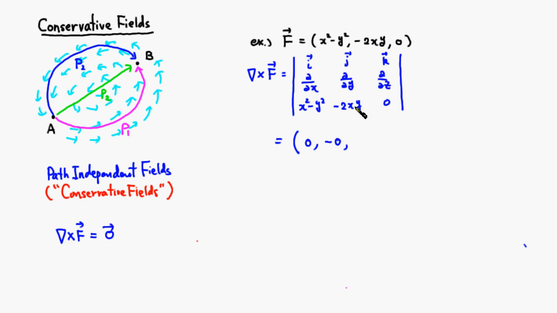The last one is partial of negative 2xy with respect to x, which is negative 2y, minus partial of x squared minus y squared with respect to y, which is negative 2x, so it's going to be 2y, so positive 2y. Right, so you end up getting the zero vector, right? Which means that, therefore, F is conservative.